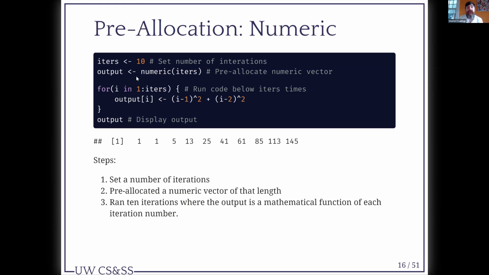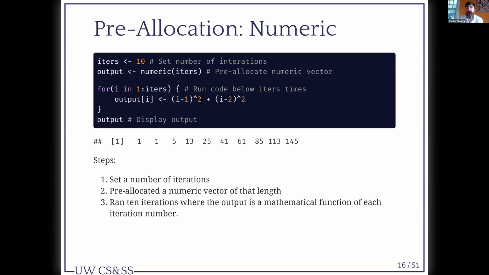Then I'm going to say for i in 1 to 10, so 1 to the number of iterations, run this thing below. See here, I'm going to assign to output's i-th location. So for iteration 1, assign something to output's first element, for iteration 2, its second element, up till we get to its 10th element.